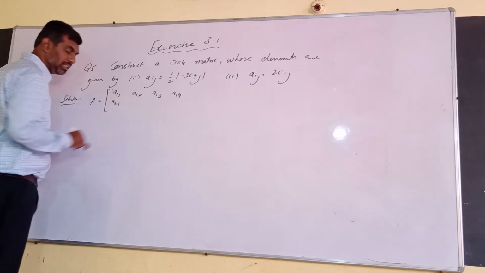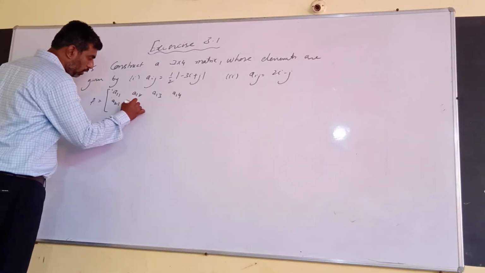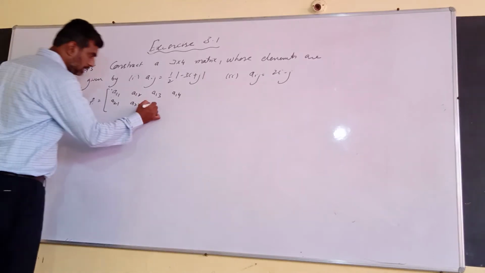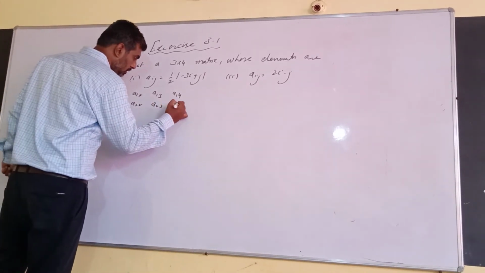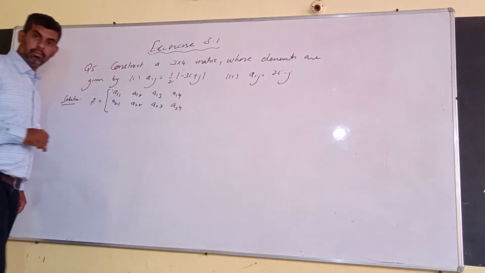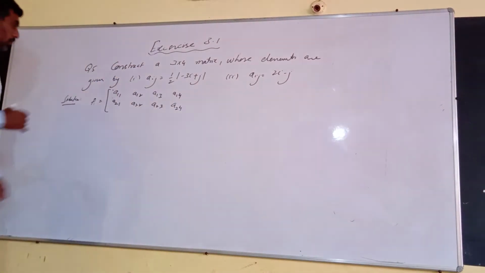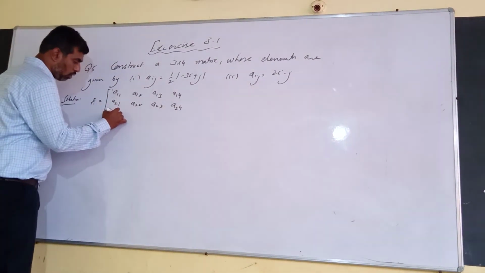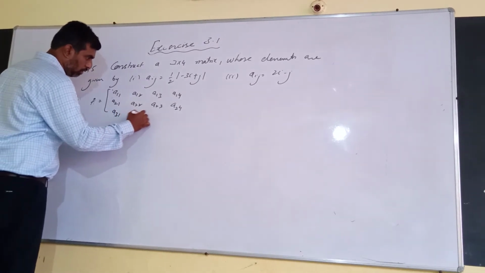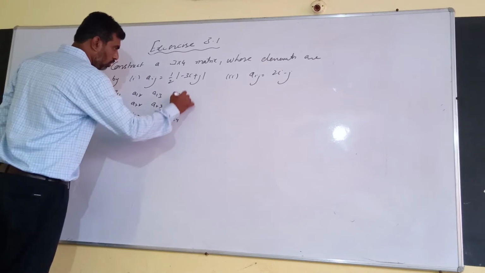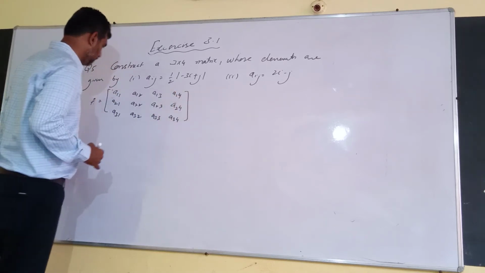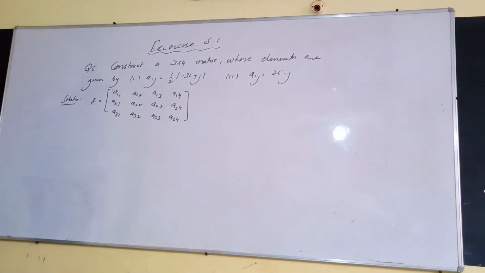Second row, first column. Second row, second column. Second row, third column. Second row, fourth column. One more. Third row, first column. Third row, second column. Third row, third column. Third row, fourth column.